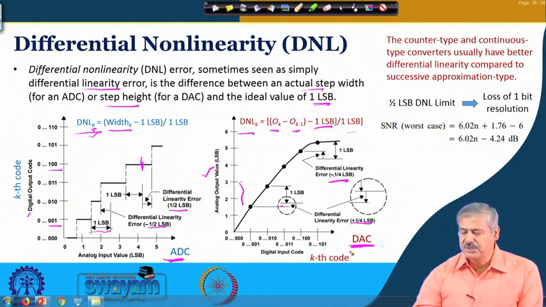We can see that counter type or continuous type converters usually have better DNL characteristics compared to successive approximation type.